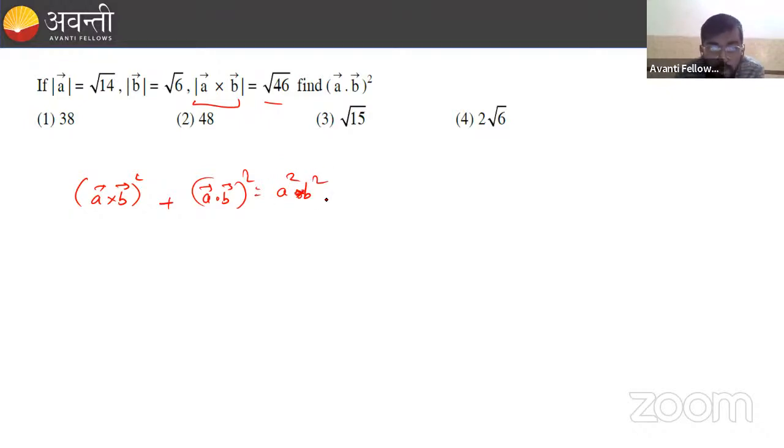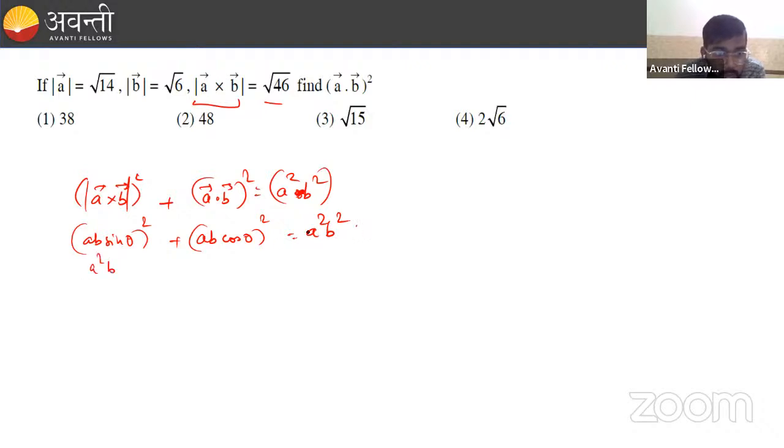Now this is not cross or dot, this is multiplication, like modulus. So a bar cross b bar is ab sine theta whole square, and a bar dot b bar is ab cos theta whole square. This will come out to be a square b square, right?